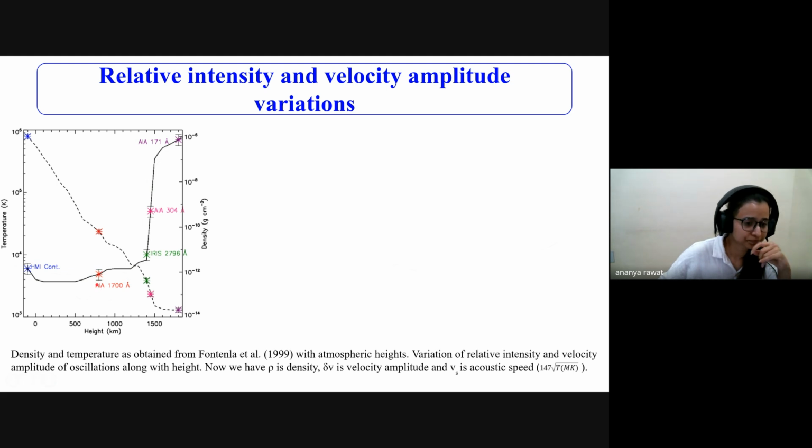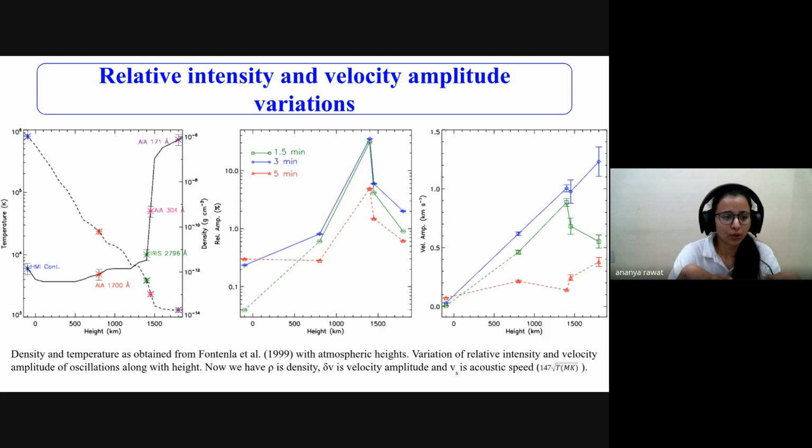So we've overplotted those temperatures over this Fontenla model, and from here we can determine the formation height of these passbands, and simultaneously at these formation heights we can determine the density at that location. So now we have density, we have temperature, so we can determine the speed of sound.